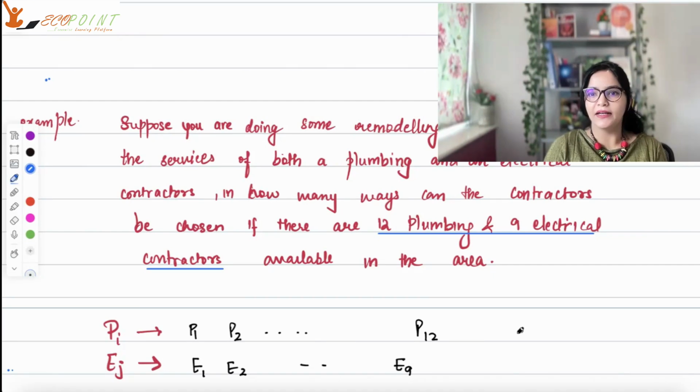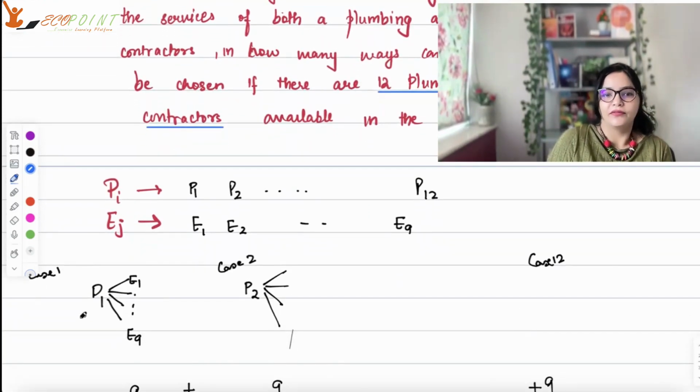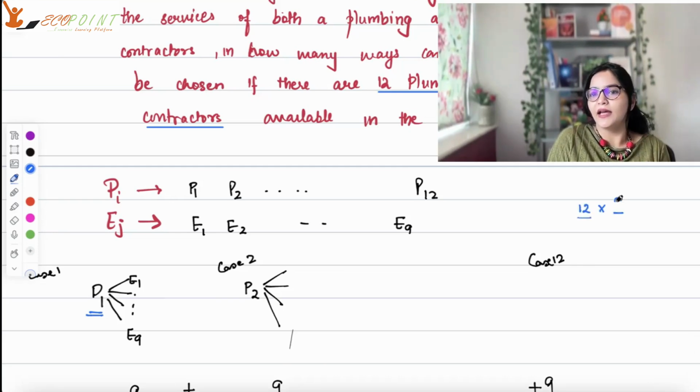So, this is where you use the concept of ordered pairs, you use the concept of the multiplication rule in counting. Since I have 12 options for plumbing available and 9 options for electrical work, say if you opt for plumber number 1, P1, and then make a choice for the electrical work, E1, E2 till E9, you have 9 choices from here.